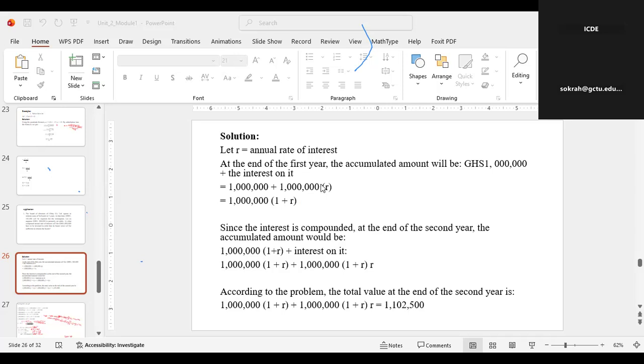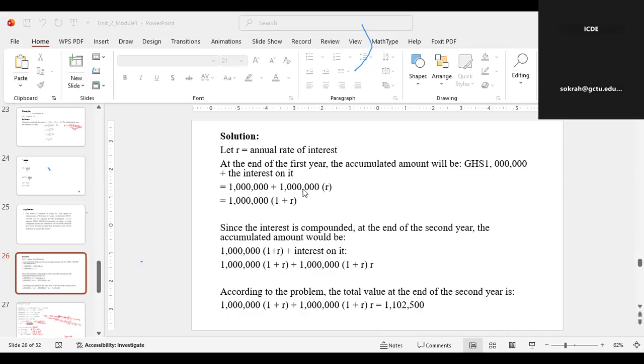The duration for the first year is 1 year, so times 1, times the rate. The rate is the R that we don't know. The 1 you are not seeing here because even if we bring it, it will not change anything. So we have 1 million times the rate, which is R. So that will give us 1 million R.